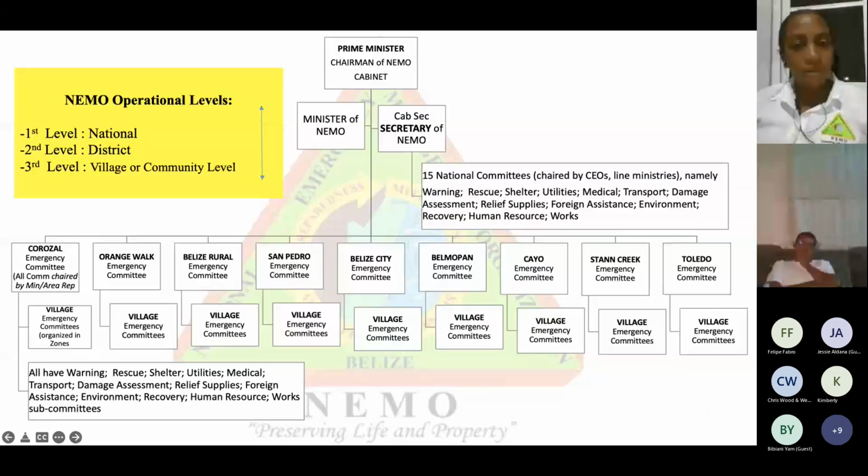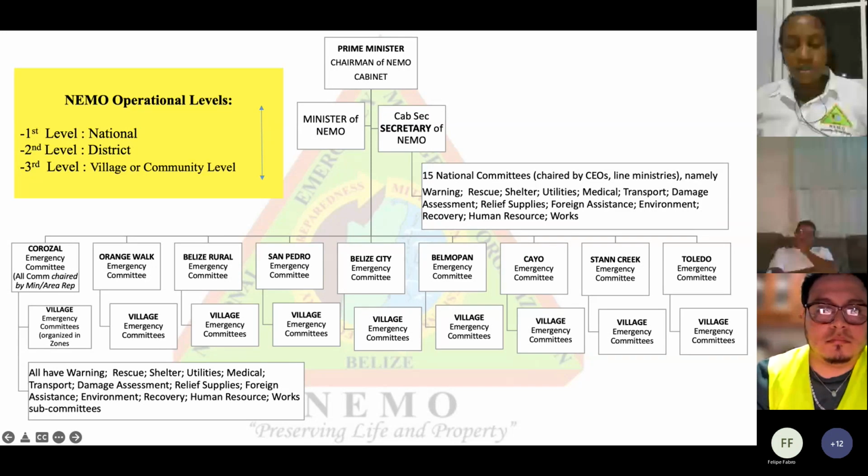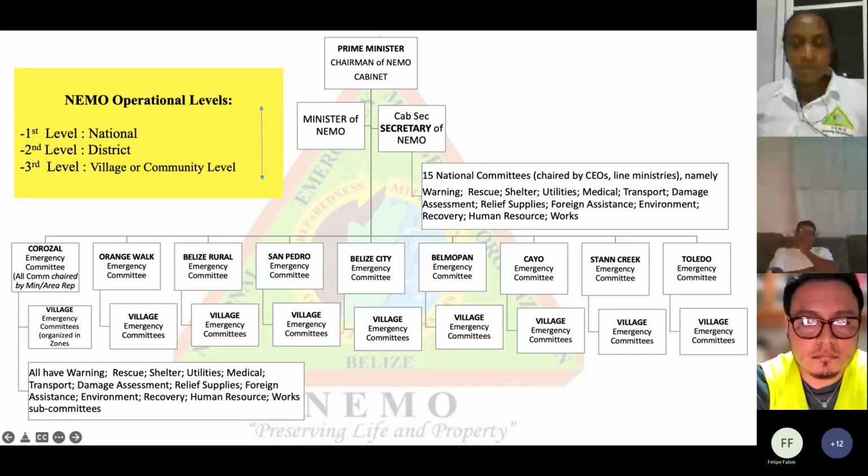All right, so this, I'm sure you've seen this before, and I just want to remind you of how the system is set up. So we have the national committees, the 15 national committees, and then at the district level, we have representation from almost all 15 of the committees.